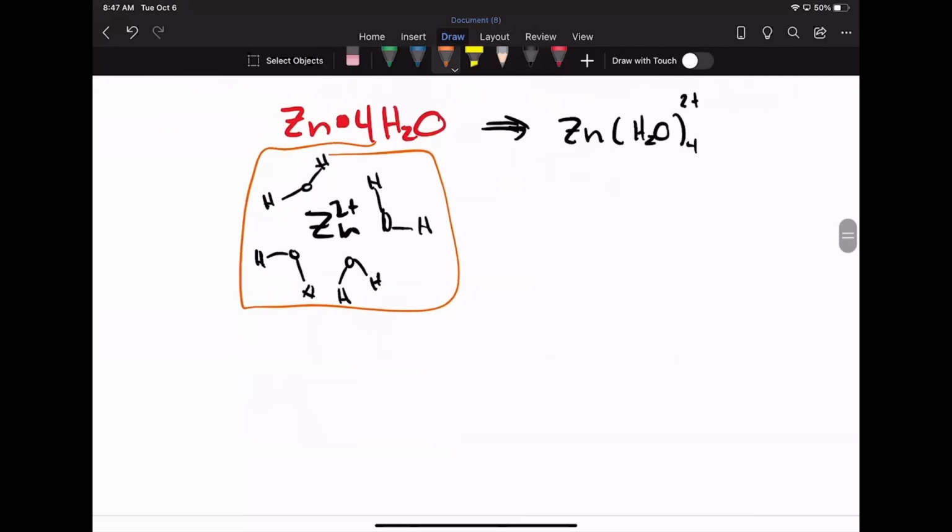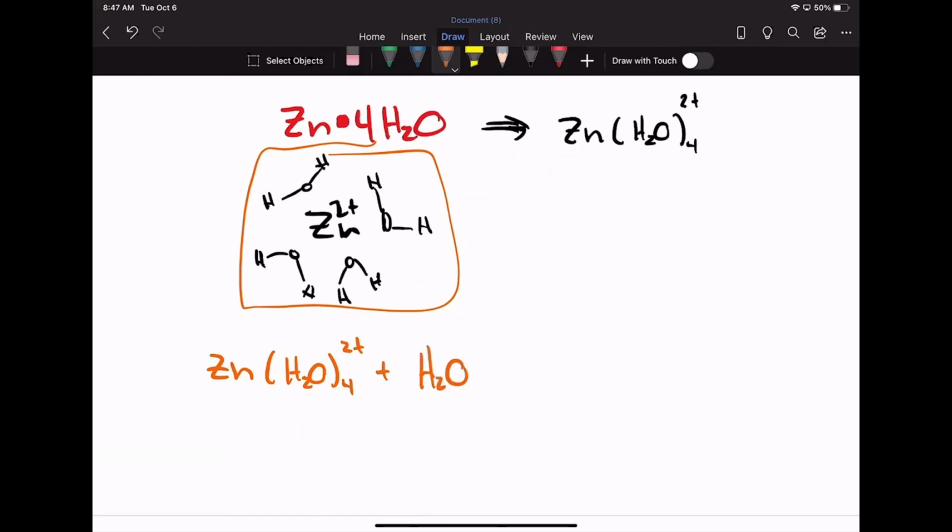So if we write a reaction for this, we can still put this in water. Just like we can put our weak acids in water, we can put our strong acids in water, we always just put it into water.